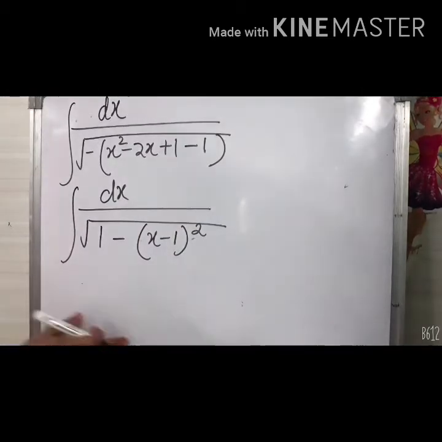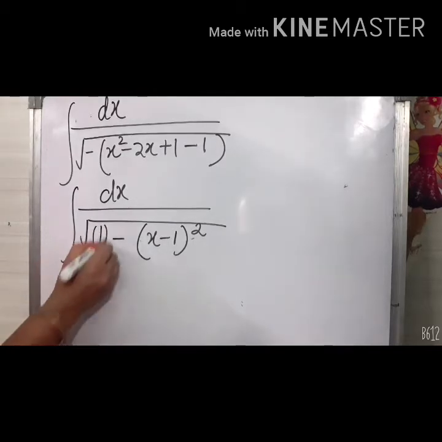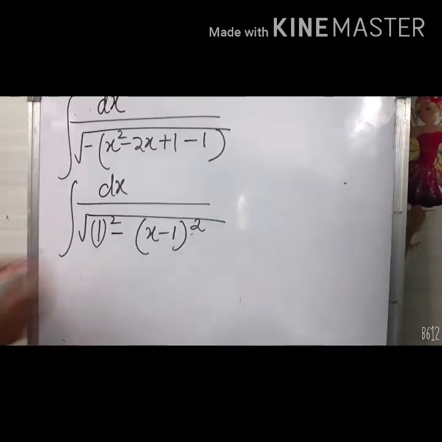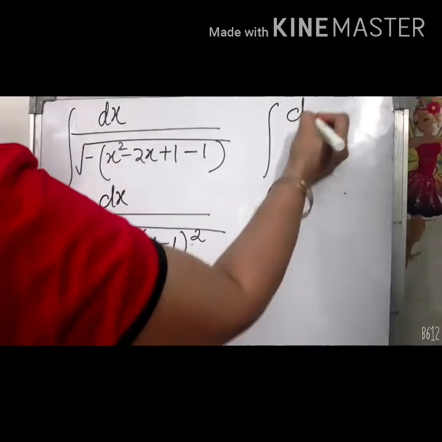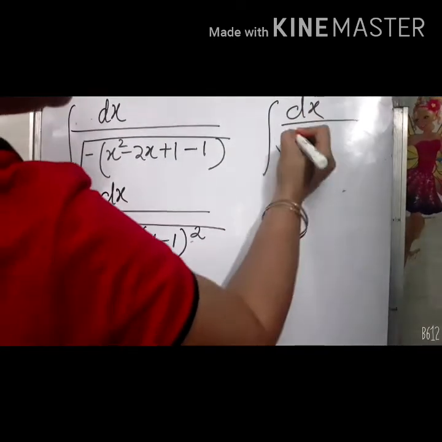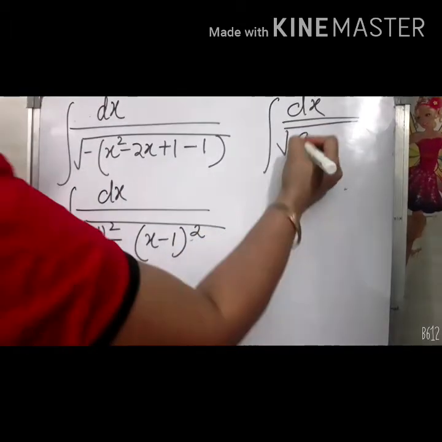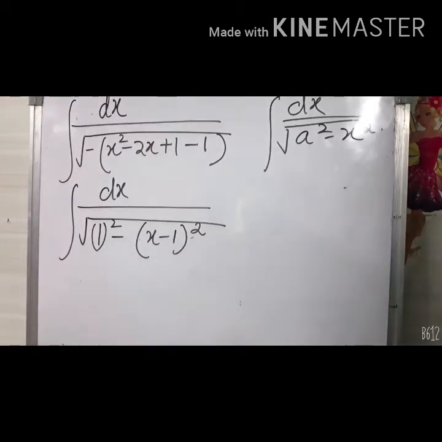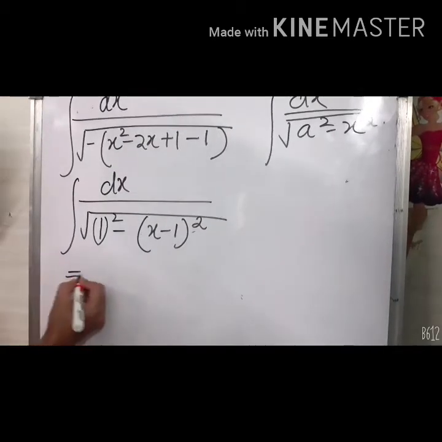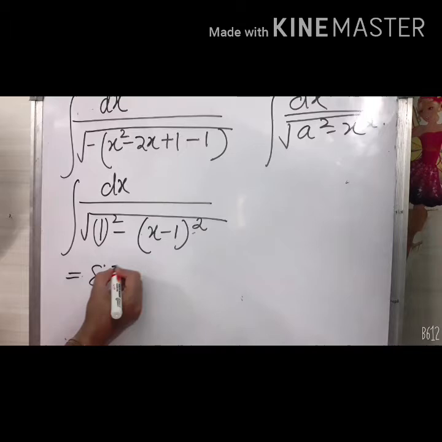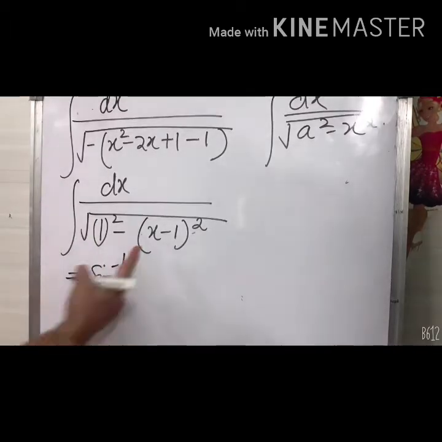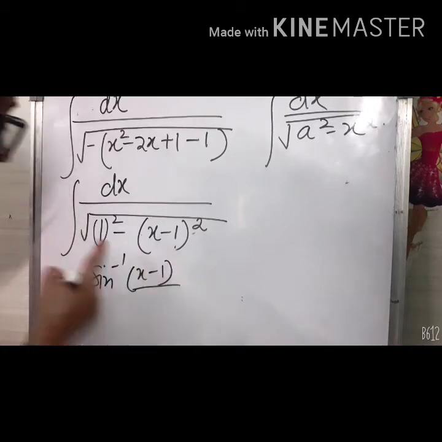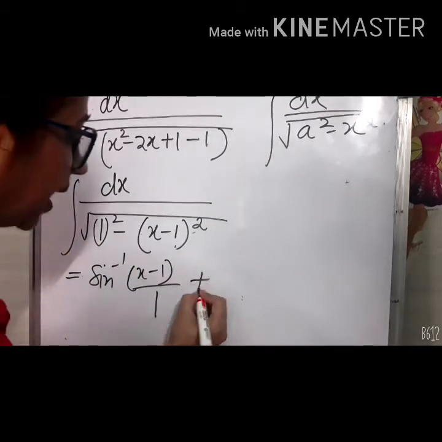Perfect. Now I can say 1 is 1 square. I told you in the last video the formulas I taught. If you compare, it is a square minus x square. What is the integration? It is sine inverse x by a. What is x here? It is x minus 1. What is a? 1, plus c. Done.